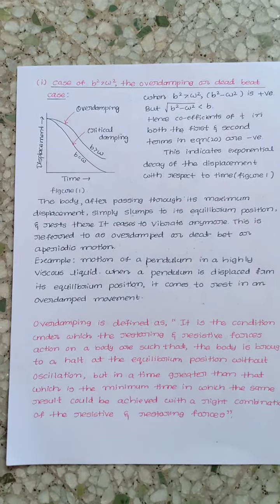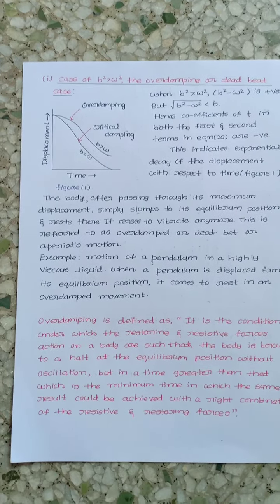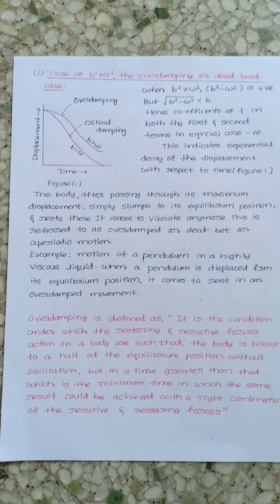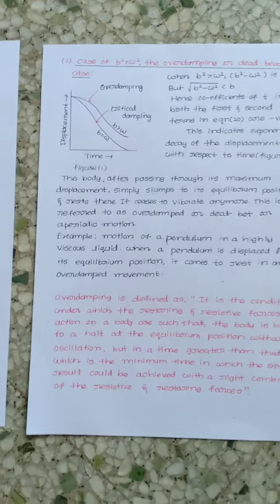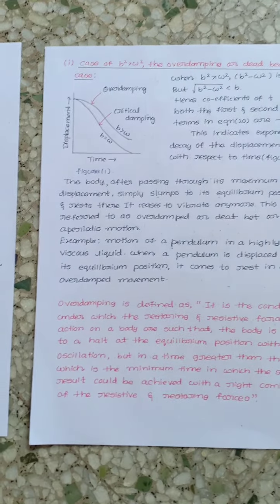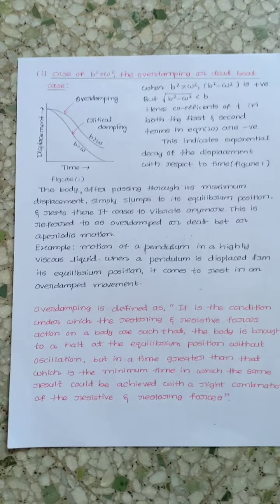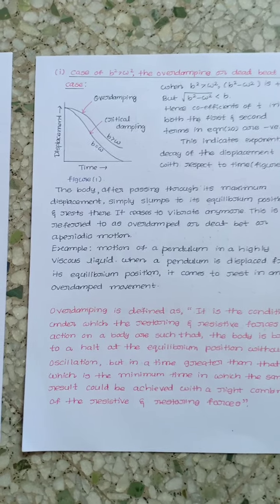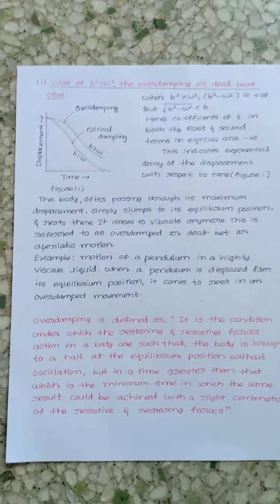The displacement x of the body gradually decreases exponentially with respect to time, and it comes to its equilibrium position at t equals infinity without performing any oscillations. This type of motion is called overdamping or aperiodic motion.